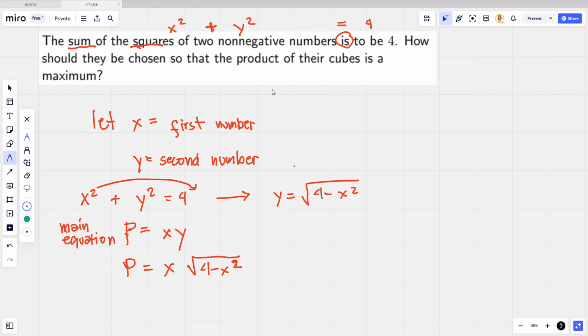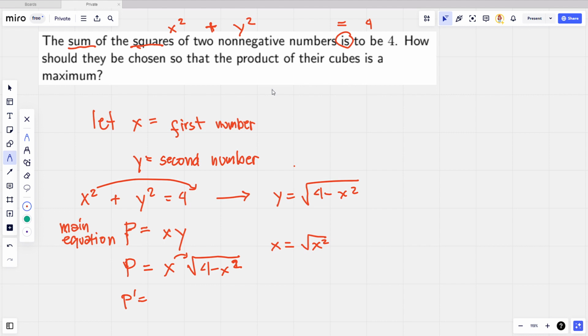We can now differentiate because this is in terms of one variable already. So P prime is equal to the derivative of the right side. We could apply the product rule, but instead we could put x inside the radical. x is just equal to the square root of x squared, right?